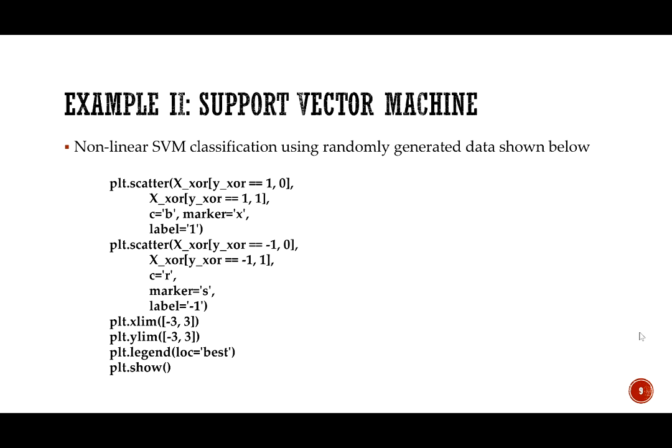When we generate x and y, so features and the target value, now we want to plot them using the scatter method. So plt.scatter. First we want to show all data points whose class is 1, so X_xor where y_xor is equal to 1.